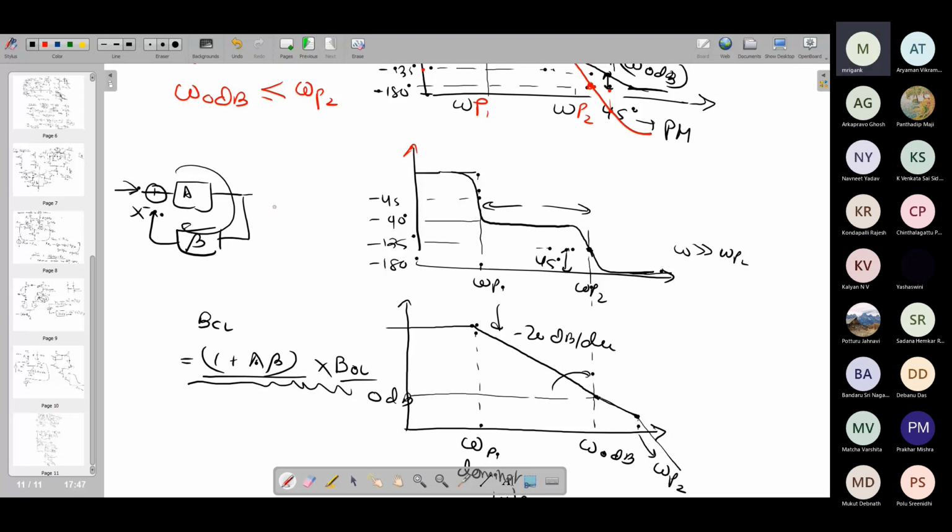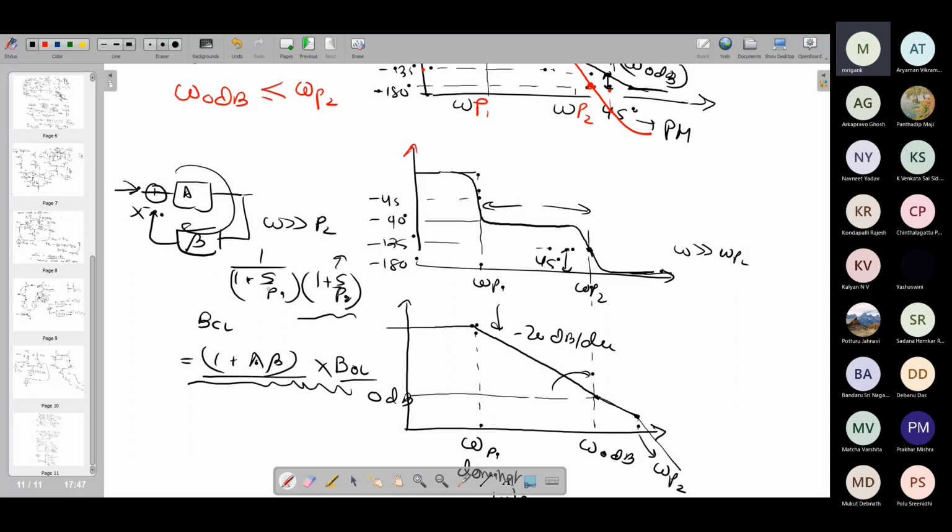So suppose in this plot, so that you can understand that in a two pole system, omega 180 degree is never ideally achievable. It is asymptotically going to go to 180 degree, right? So that part you understand, because we have looked at the phase response also, right? So if you are having 1 plus S upon P1 and then 1 plus S upon P2, at omega much greater than P2, the second term also contributes exactly 90 degree.